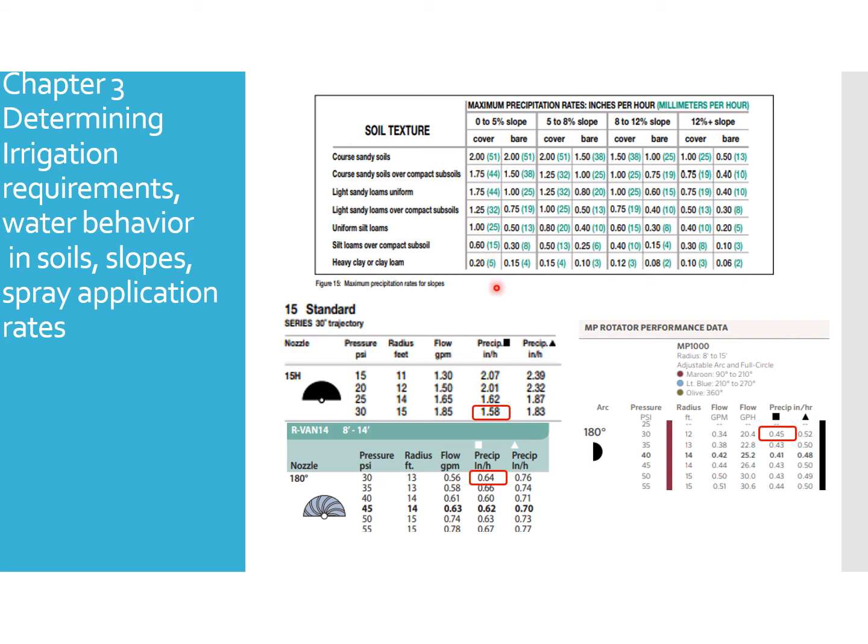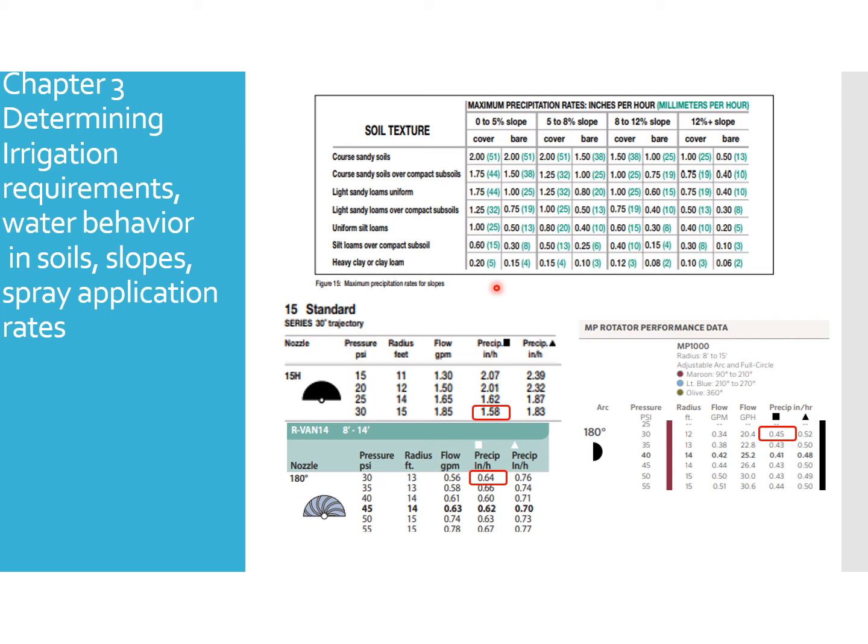So what this figure 15 is about is what is the maximum precipitation rate of water that can be applied on various degrees of slope. We haven't got into talking about precipitation rates quite yet, so let me just give you a quick analysis of what that is.